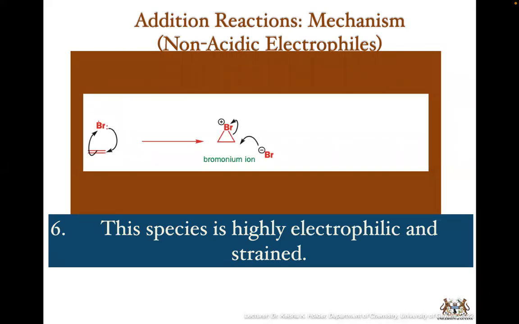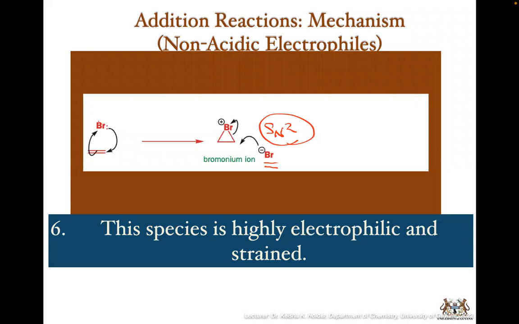So we can see that our bromide that left a few steps ago is ready and available to pop this ring open, and it does so by way of SN2 ring opening, right? So that's what we are seeing taking place here.